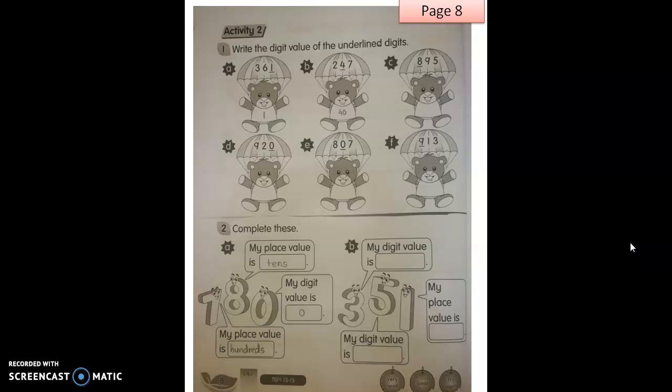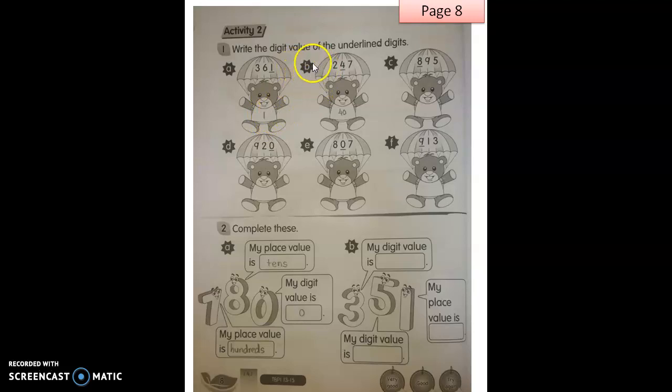Activity 2. Write the digit value of the underlined digit. Digit value. That means you must write a number. Example A, 361. Number 1, underline. 1 stands for 1.